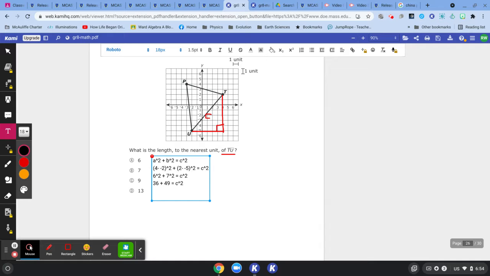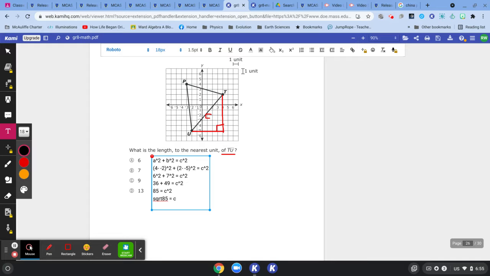Now we need to add 36 and 49, so that's going to be 85 equals c squared. To figure out what c is, you'd need to get the square root of both sides. So the square root of 85 is going to equal c.